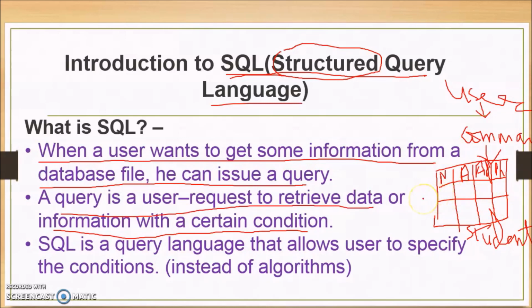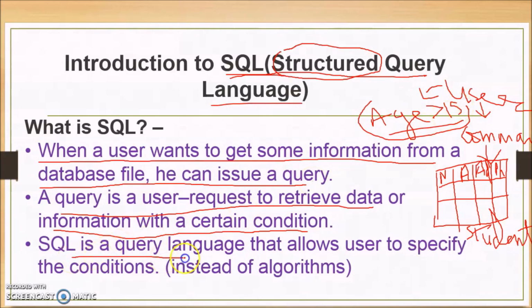I want only those records whose age is greater than 15. ठीक है, so if I want to search that my age should be greater than 15, this is a condition. So who has applied this condition? The user has applied this condition. So this is a query. Basically, whenever I am giving any condition, this is known as a query.